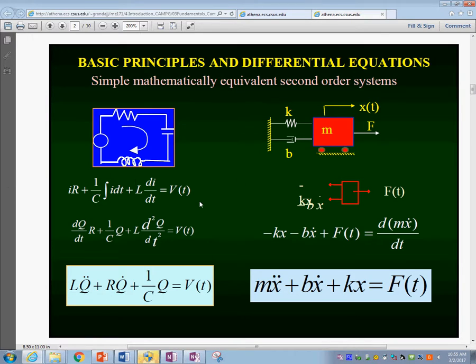Compared to the electrical system, the derivation of the equation is different. In one case, we use Kirchhoff's laws, and in the other, we use Newton's laws. Nevertheless, both systems produce differential equations of second order.